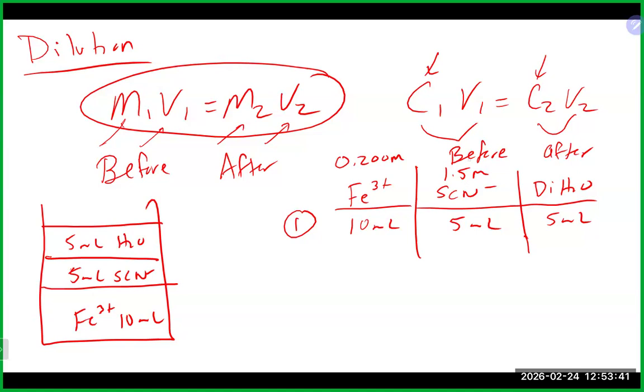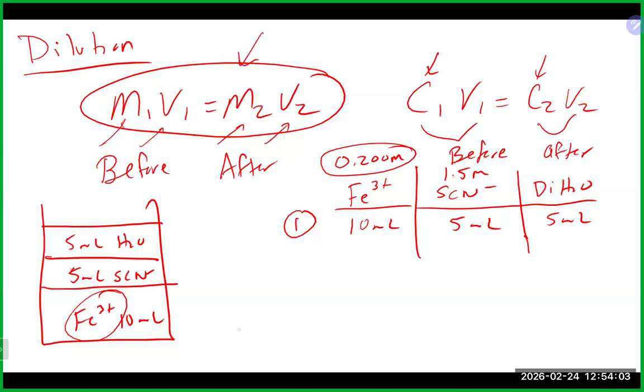Is the concentration of iron in this mixture still 0.2 molar? It is not, by the way, right? Once you do that, you're actually doing a dilution. And if you want the actual correct concentration, you have to use the dilution equation.